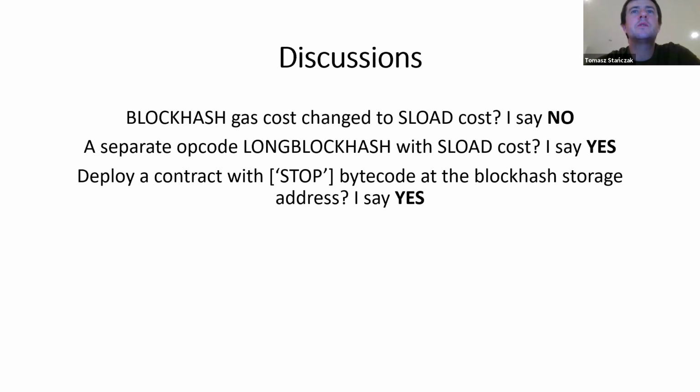And there is one more thing, because the current solution suggests storing the storage on an address that doesn't have contract code. It creates maybe nothing very bad, but suddenly it's different from what we used to. There exists an address on the chain which has storage but has no bytecode. So my suggestion here is to deploy bytecode at this address with a single stop instruction.